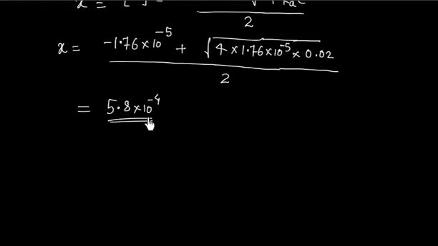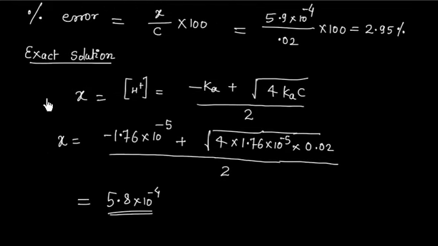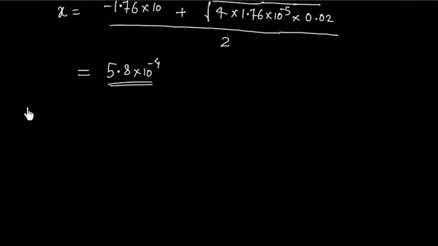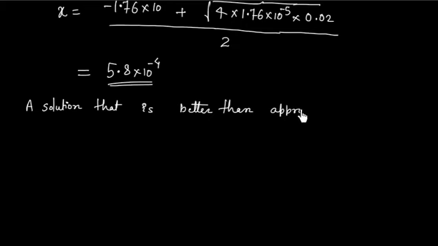I can also find one more solution that is between exact and approximate. So I also have a solution that is better than approximate but less accurate than exact. And what is this solution?